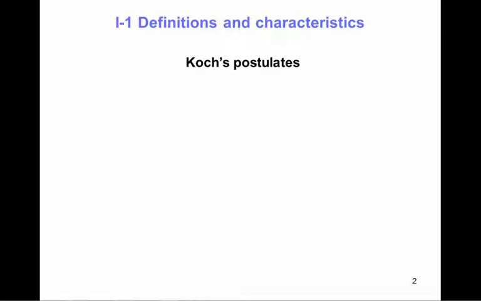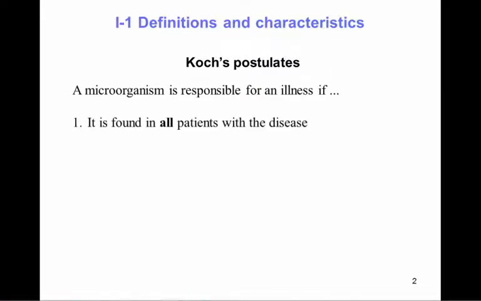In this work, Koch put forward criteria that, according to him, allowed one to prove that a particular bacterium was responsible for a disease. First of all, you've got to show that the bacterium is present in all patients who have the pathology, and of course, it's absent in healthy people.